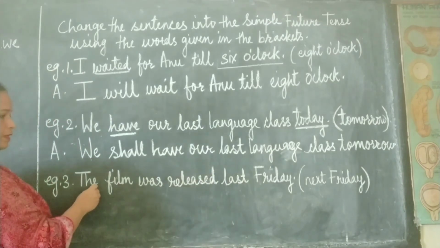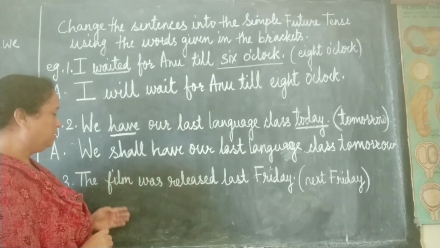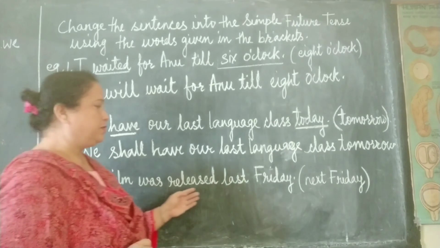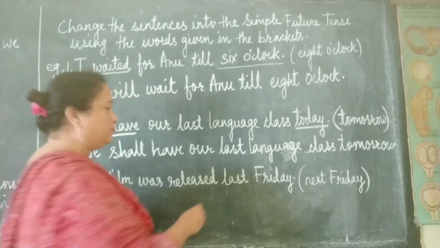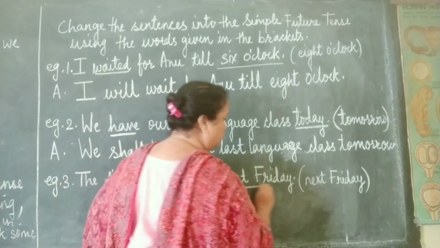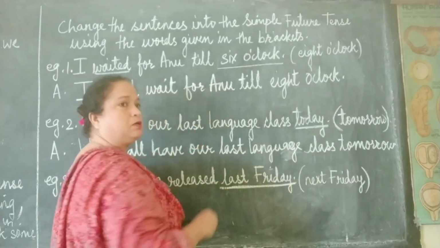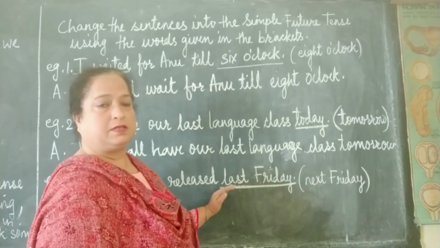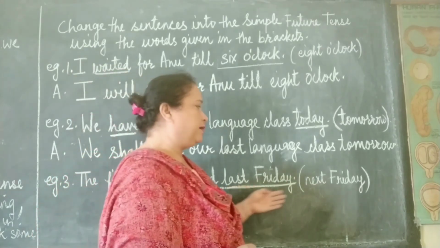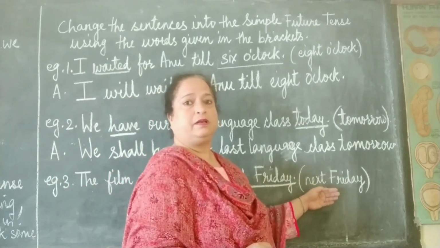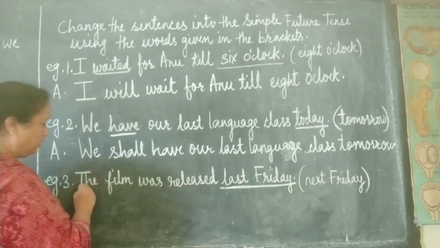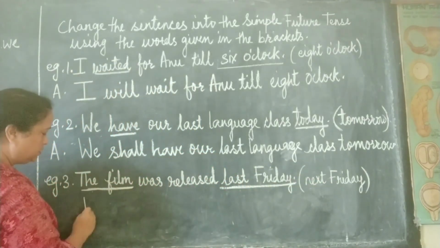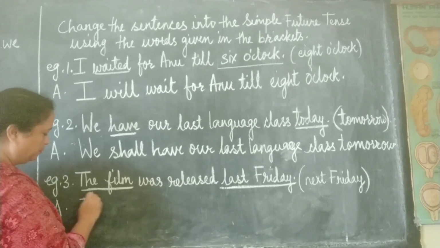Now let us have a look at the third example that I have written. The film was released last Friday. So in this sentence we are talking about the past. We need to change it into the future tense. So instead of last Friday, I will be using next Friday, that is the coming Friday. So once again, I begin my sentence with a subject, that is the film.